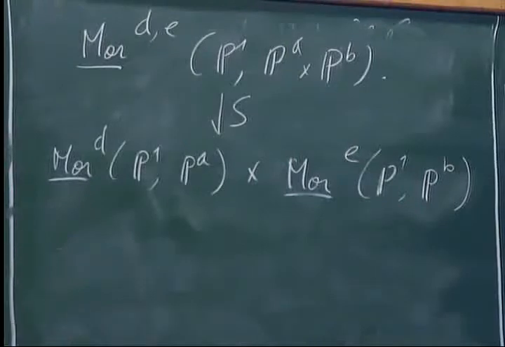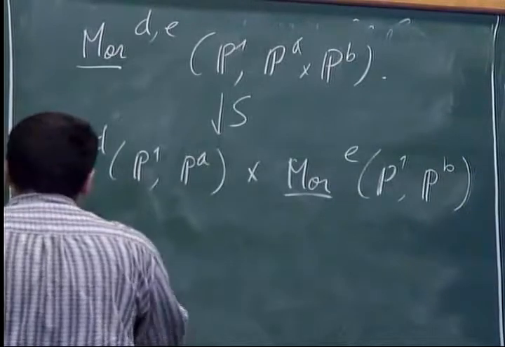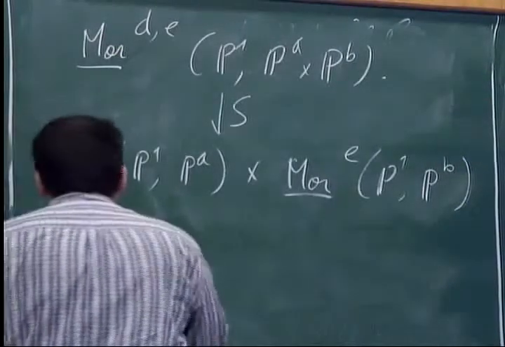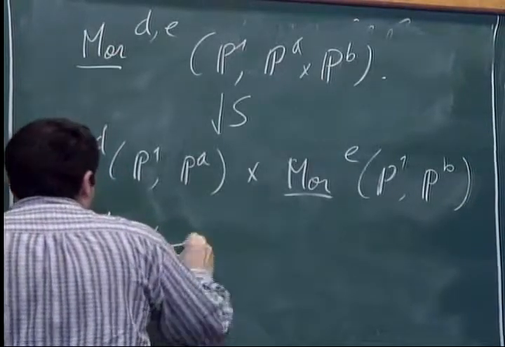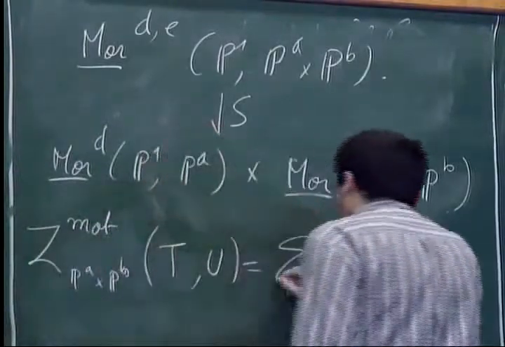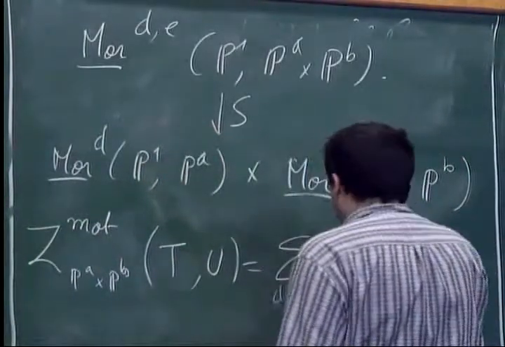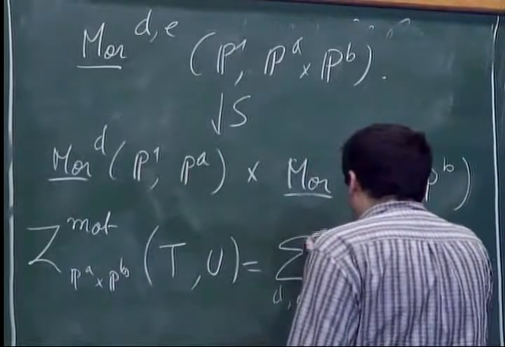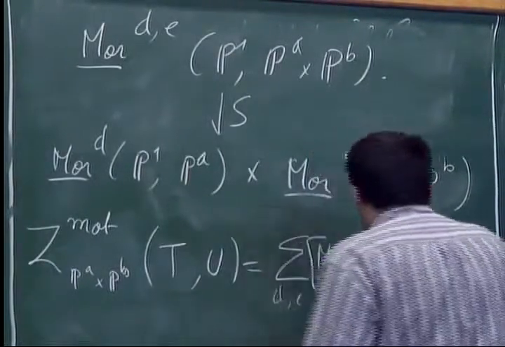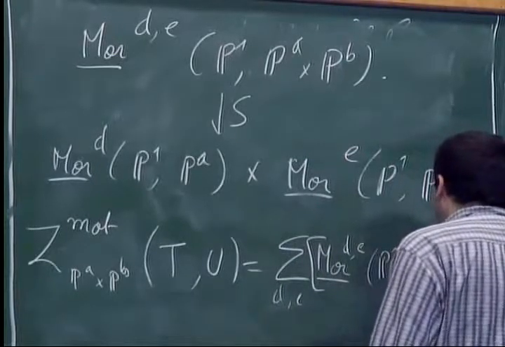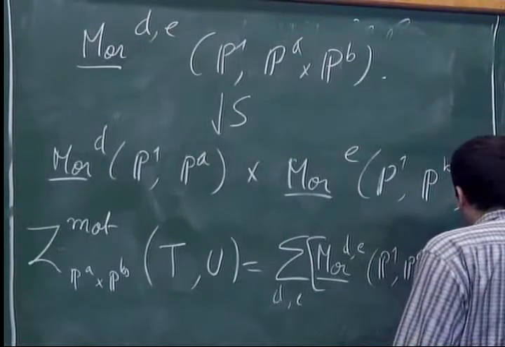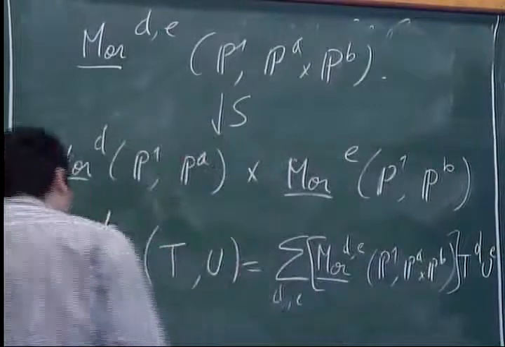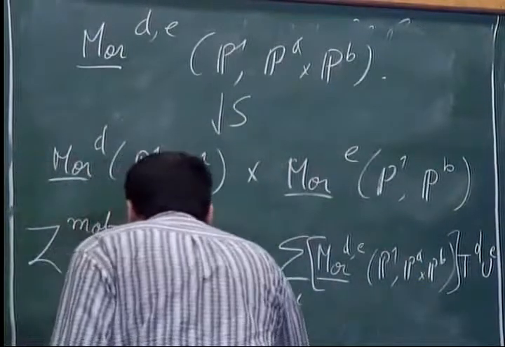If you want to write it in terms of the motivic height zeta function, well, it simply says that the motivic height zeta function, let's define it with two parameters, let's say T and U, the sum over (d, e) of the class of the morphisms of degree (d, e) from P1 to P^a times P^b, T to the power d, U to the power e, is simply the product of the two motivic height zeta functions for each term.